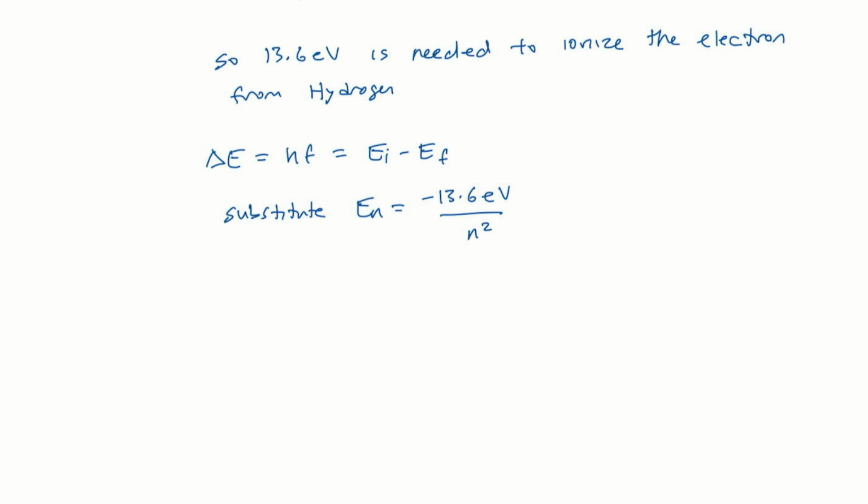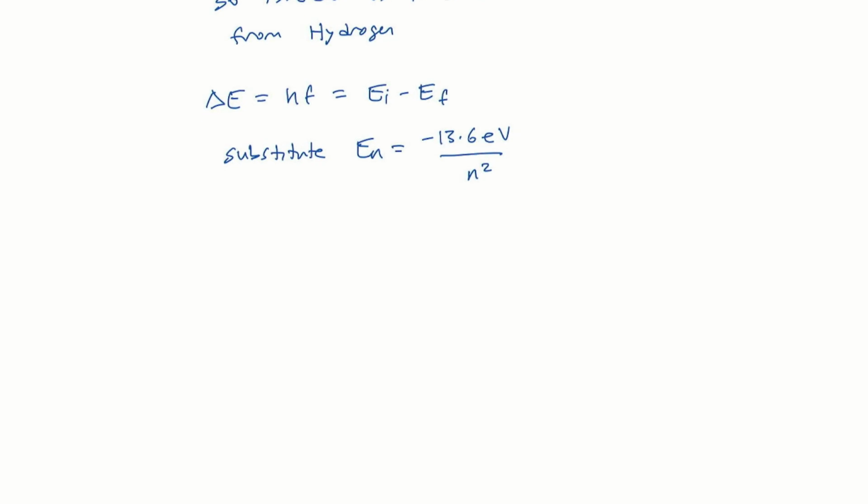Okay, and this is just for hydrogen now. And so we're going to get hf is going to be minus 13.6 EVs over n sub i squared.